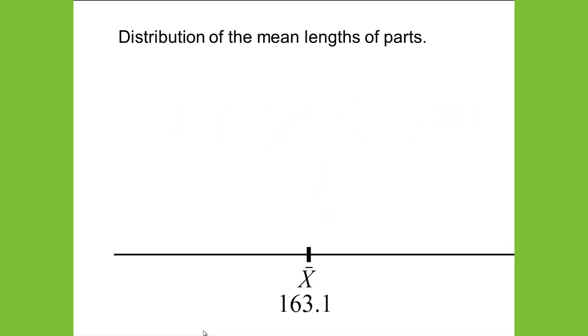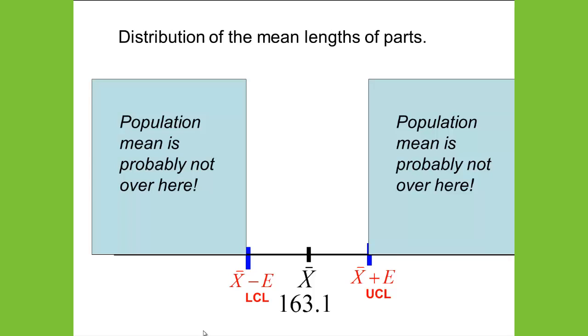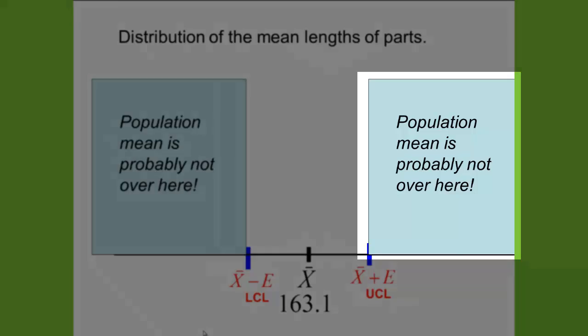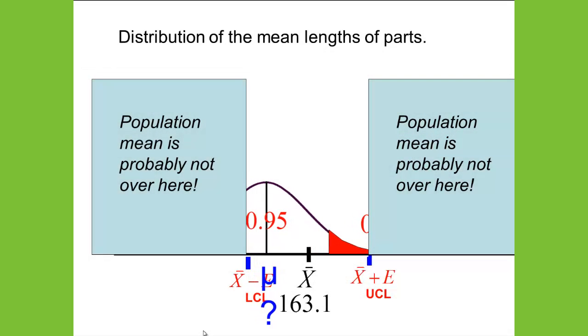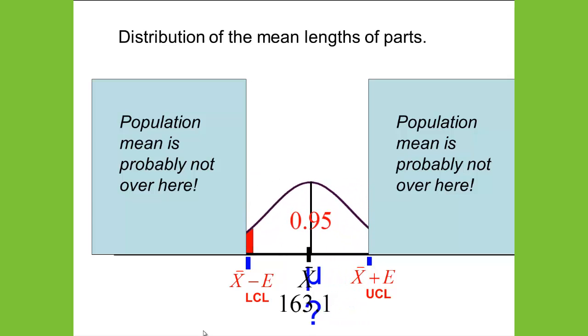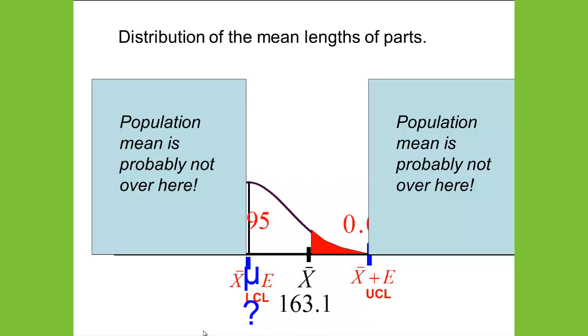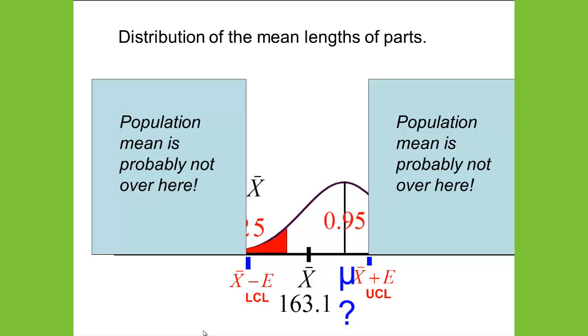of parts, and we have x bar minus an error, or an e, as our lower confidence limit, and x bar plus e for our upper confidence limit. And the population mean is probably not over here and probably not over there. And we have that mean then can be floating somewhere in between those two values.